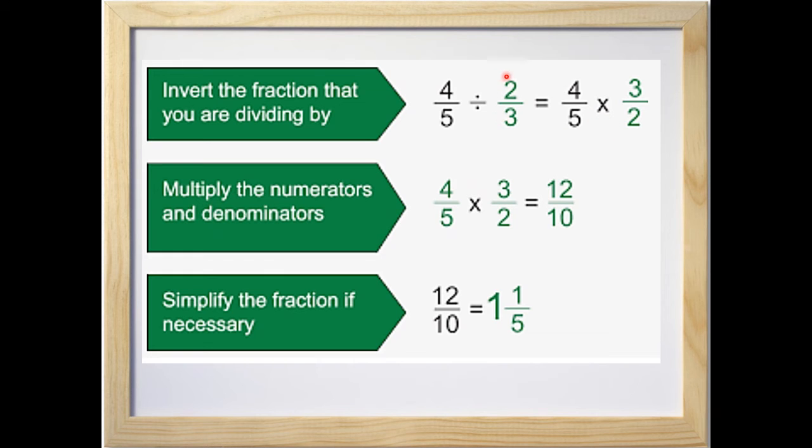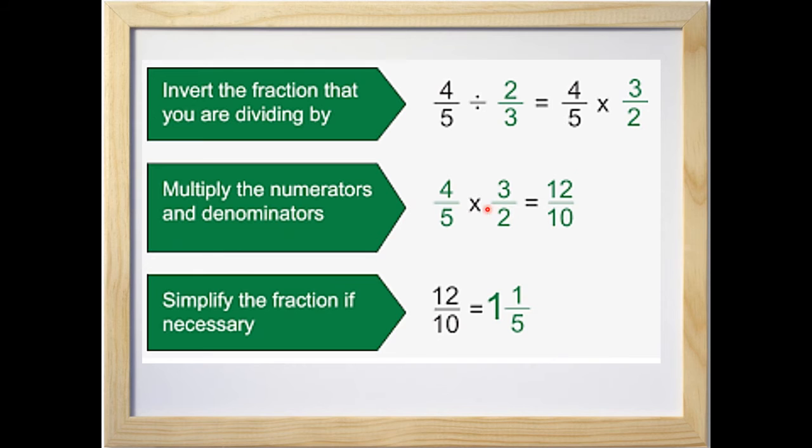And then we have to find the reciprocal of the divisor 2 by 3, or the fraction is inverted. Inverted means the numerator will become the denominator and the denominator will become the numerator. So the reciprocal of 2 by 3 is 3 by 2. That means we have to multiply 4 by 5 by 3 by 2.